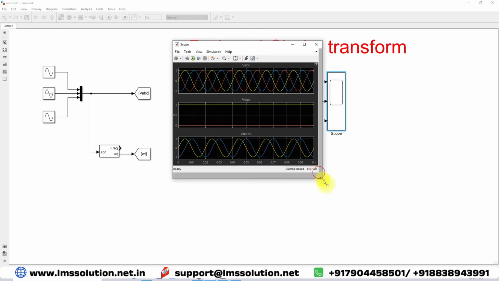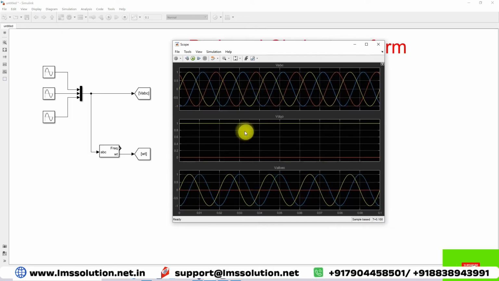Here you can see that this three-phase sine wave is converted into a DC quantity by means of the ABC to dq0 conversion, that is nothing but the Park transformation. And the three-phase quantity is converted into a two-phase quantity by means of the ABC to alpha beta 0 transformation, nothing but the Clarke transformation. So we are converting a three-phase quantity into a DC quantity in the case of Park, and a two-phase quantity in the case of Clarke transformation.